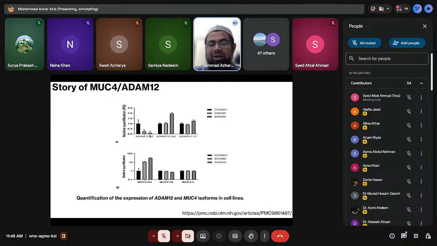There was another part of the story where we did not utilize the entire gene. Rather, we tried to look at the exon level, so we looked at different transcripts. What you're seeing here is ADAM12 all, which means the complete gene, but then there are different variants: 2, 4, 5, and 12, 13. These are different transcripts of the same gene.